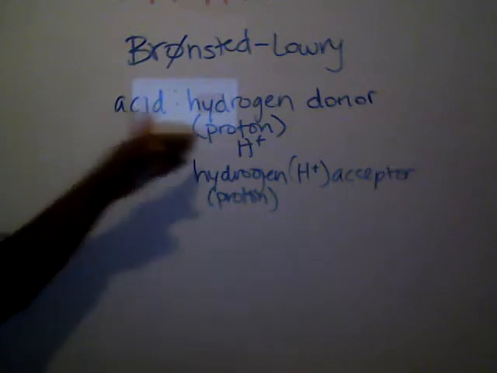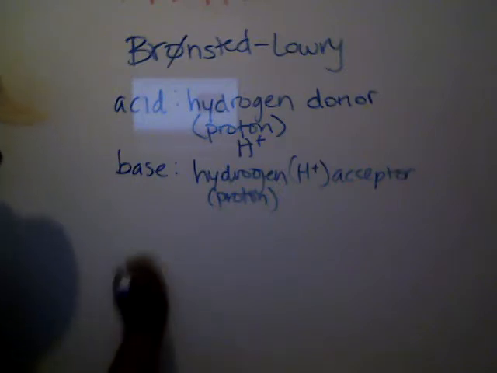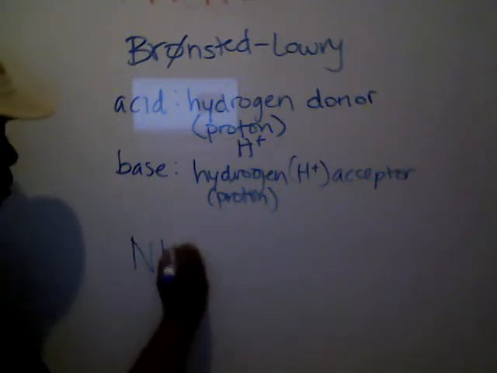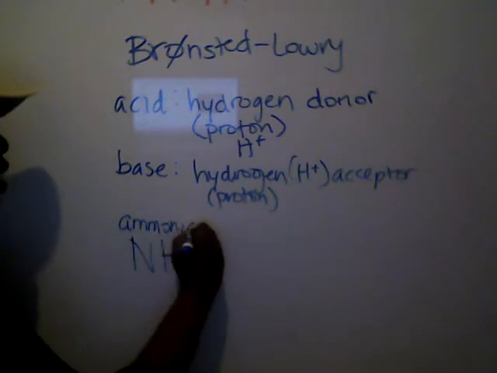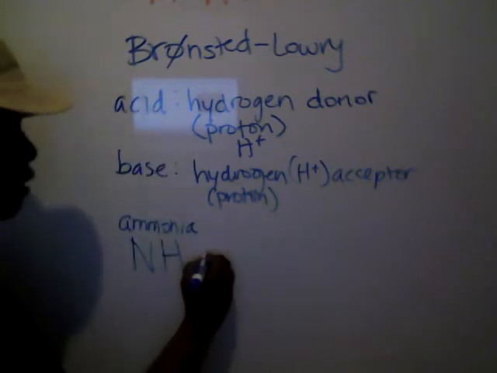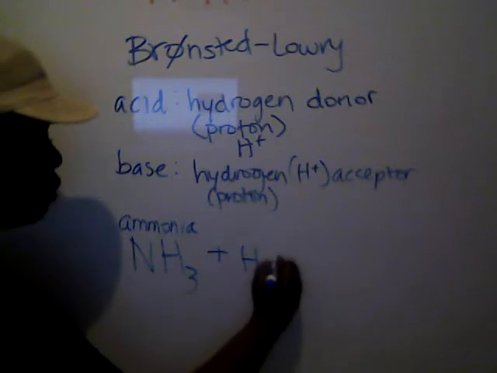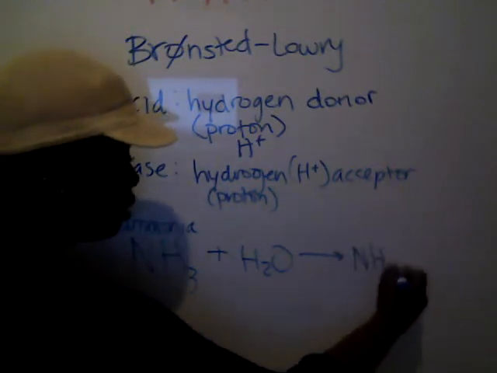So let's talk about what this means, hydrogen donor, hydrogen acceptor. Okay, so let's take an example. Let's look at ammonia. Because remember we said ammonia was one of the ones that doesn't have hydroxides, but it actually does behave as a base, and we'll see why that is according to Bronsted and Lowry. Let's say we mix that with water, and let's say this is what we produce.